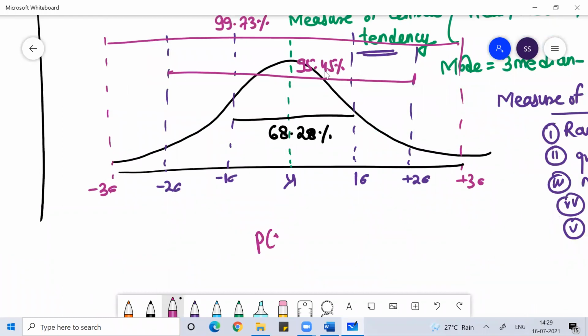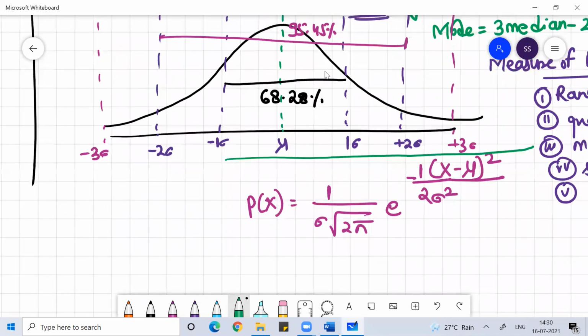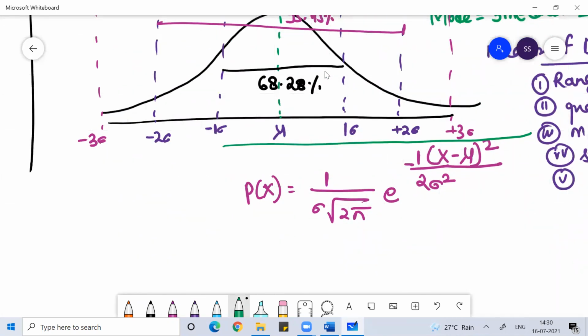For the normal distribution curve, this is the formula to calculate the probability. Whenever we are trying to calculate the probability under the normal distribution curve, we use this formula, where x or mu lies between minus infinity to plus infinity, and sigma is greater than 0.